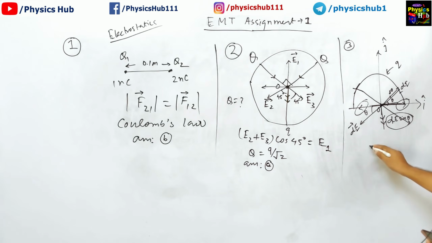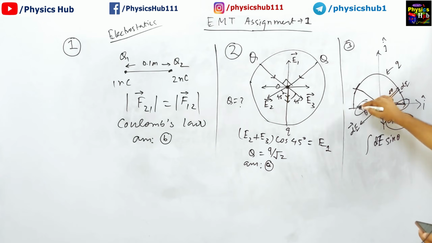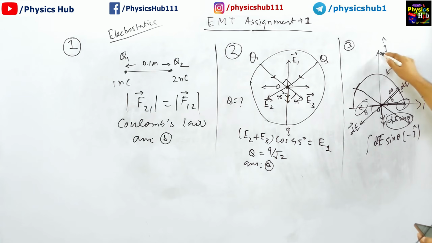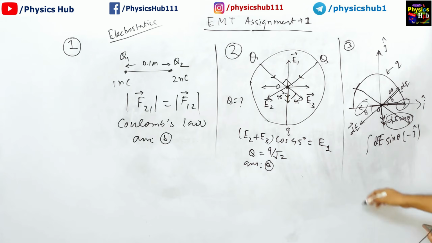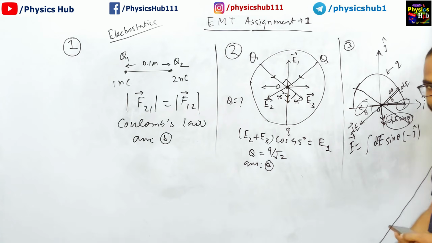So if you integrate dE sin theta over the whole semicircular arc, it is directed in the negative j cap direction. You can see this is the positive j cap direction and the electric field direction is the negative j cap direction. So if you integrate it over this thin semicircular arc, it will give you the total electric field value. I have used a vector sign, so I am giving a vector sign.